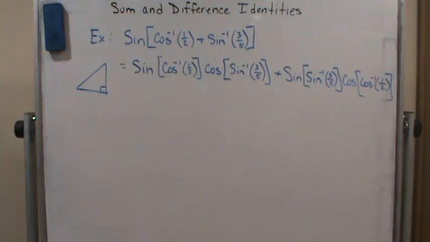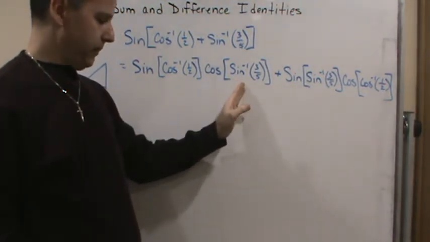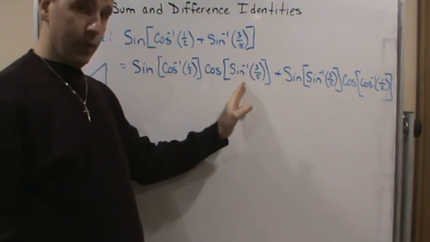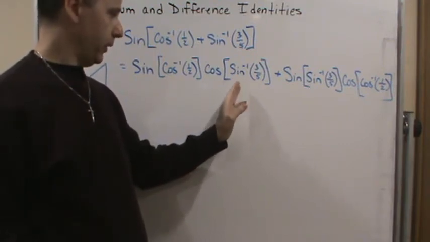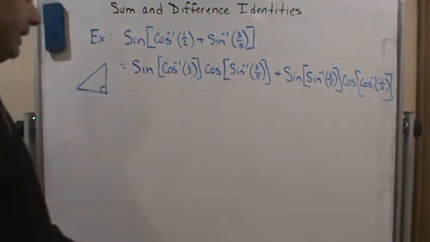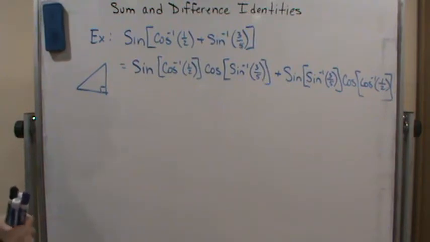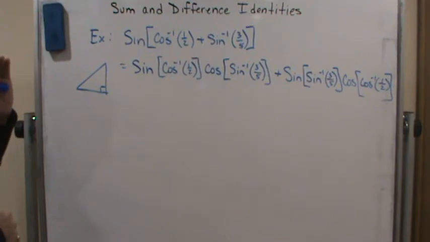Remember, cosine inverse is defined on the interval from 0 to pi, and sine inverse is restricted to negative pi over 2 to positive pi over 2. So that's important to know. Both of these you want to make sure are in that range. For cosine, 0 to pi, so the first and second quadrant, and sine is in the first and fourth quadrant.